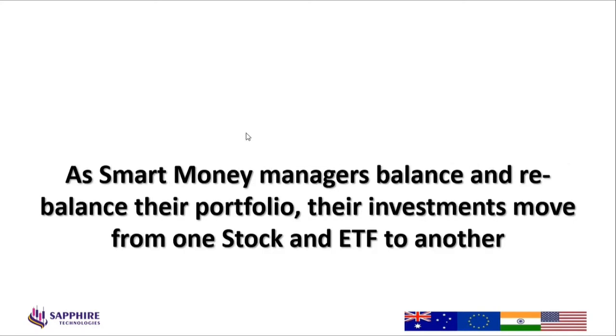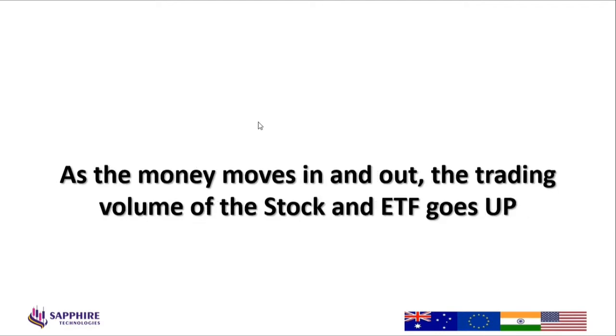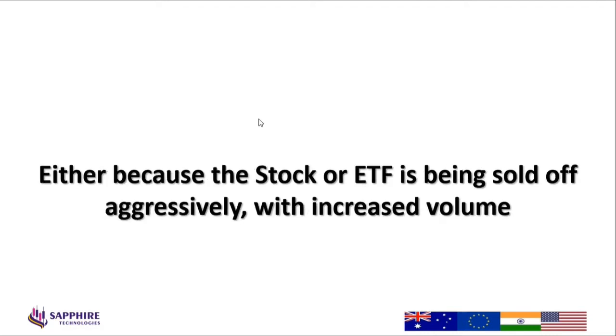So these smart money managers keep on balancing and rebalancing their portfolio. They keep on moving their investment from one stock to another to make sure they can get the best possible return for the money that they're investing. As the money moves in and out of stocks or ETFs, there is a change in volume. The volume goes up, and because they have a big amount of money, the volume of stock they can buy or sell is pretty big, and they can have an impact on the trading volume of a stock, and they do.